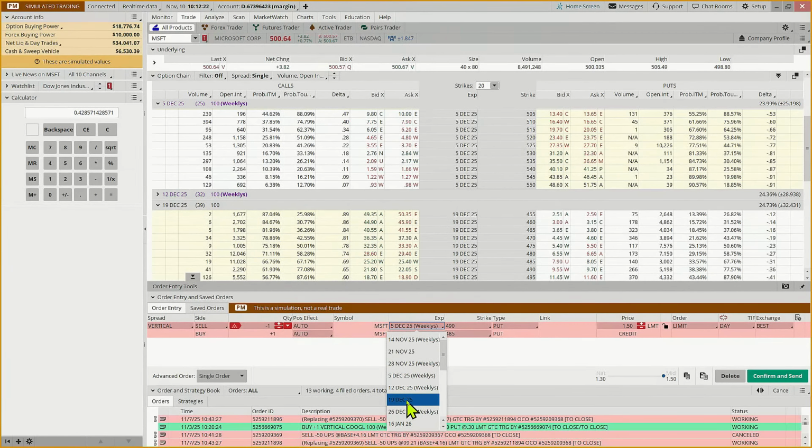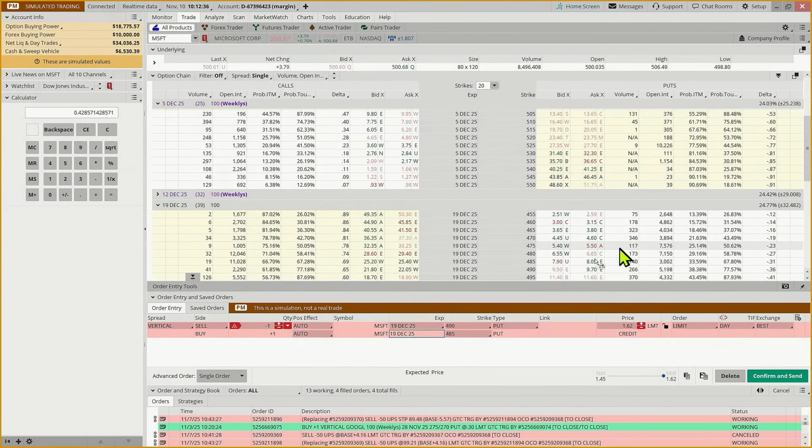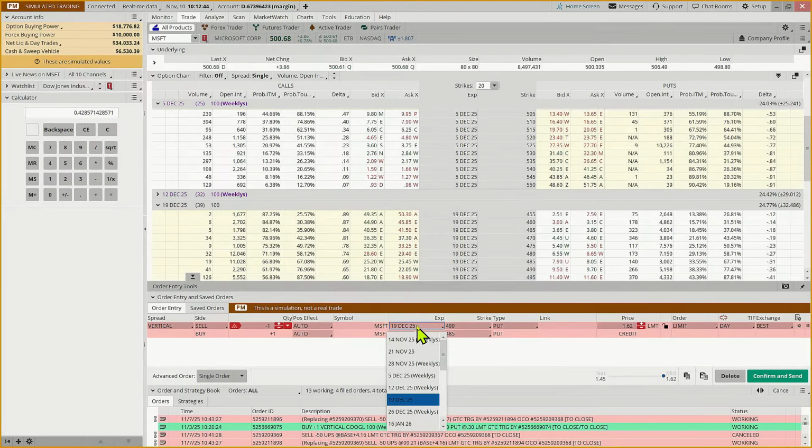If we come out to December 19th, you get another 15 cents. Some might think, I'd rather do 2 trades than only get 15 cents to be in it 14 days longer. Plus, if I'm out further, time decay is going to work at a slower rate. So I'm going to stick with December 5th for that reason.